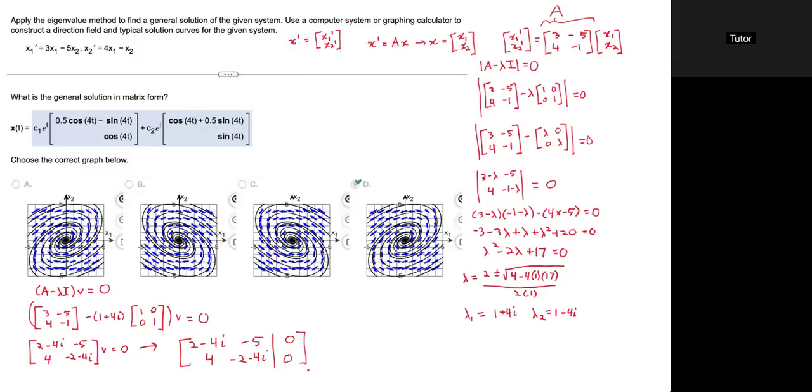And we would row reduce this matrix in order to get our final values, or alternatively, we could have used a system of equations directly to solve for v1 and v2. Because remember that v is equal to v1, v2.